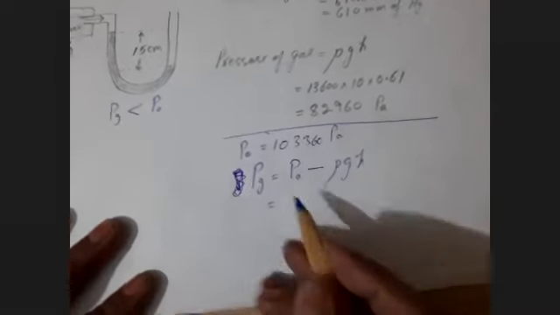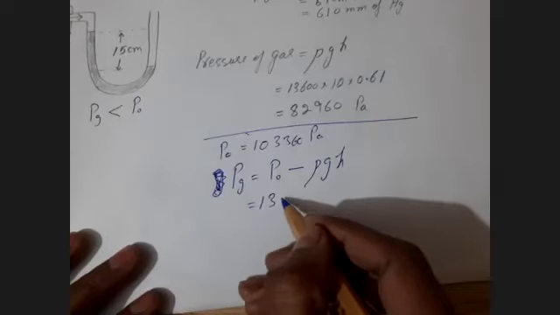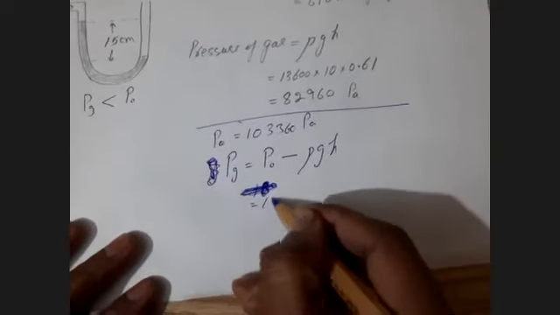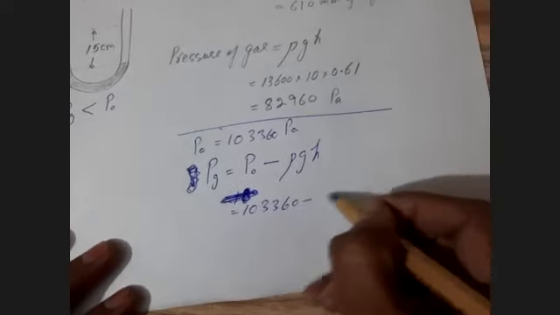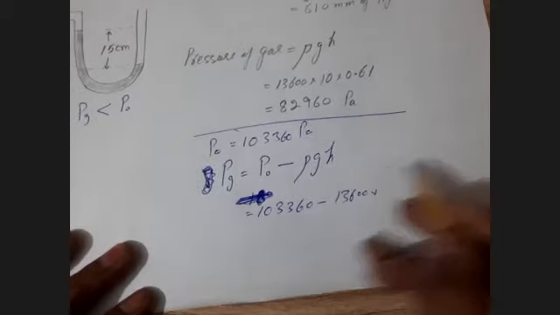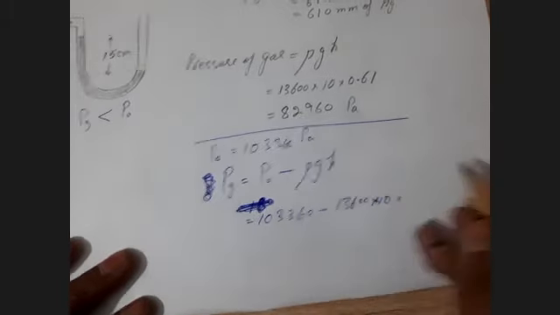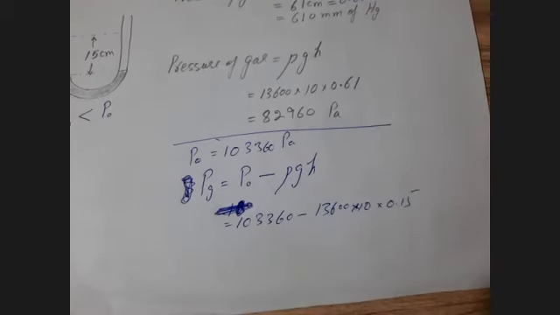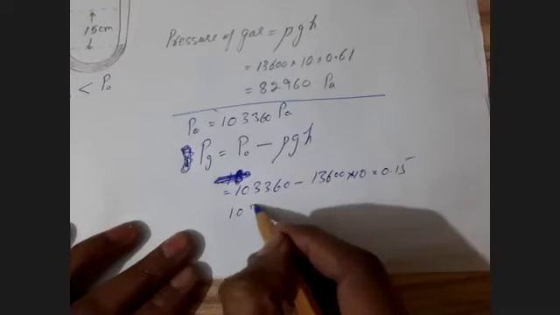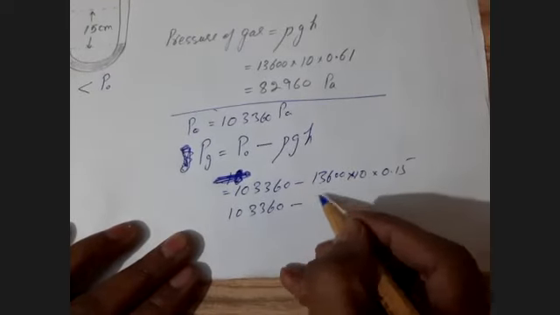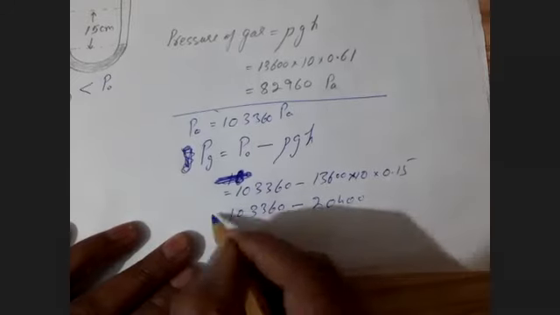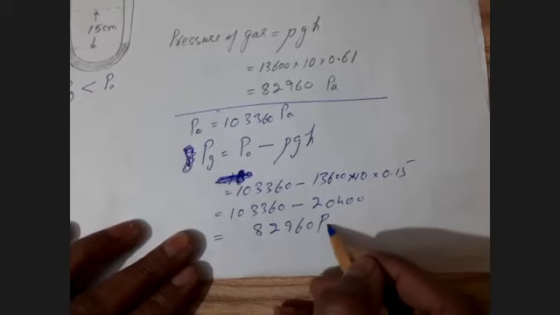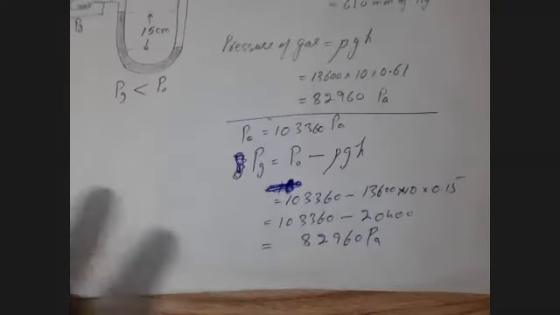So the calculation is 103360 minus rho 13600, the value of g which is 10, and the height which is 0.15. So 103360 minus 20400. By subtracting this, obviously you will get 82960 Pascals. So these are both ways of solving this.